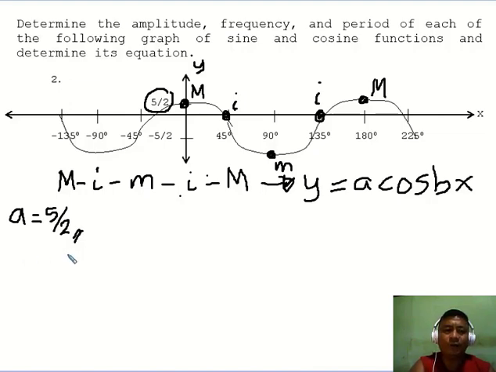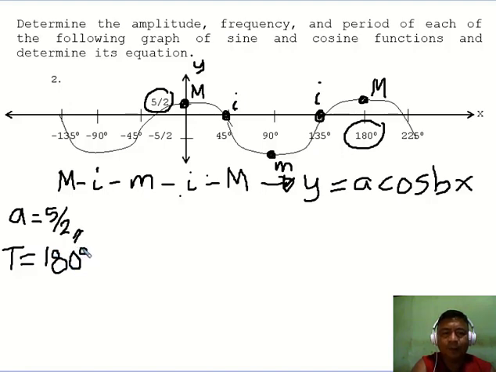But the first thing we have to do here is to determine the period T. The period T is simply one cycle of the given graph. So from the point of origin up to this particular point, we actually have 180 degrees as one cycle of the graph. So T is simply 180 degrees.